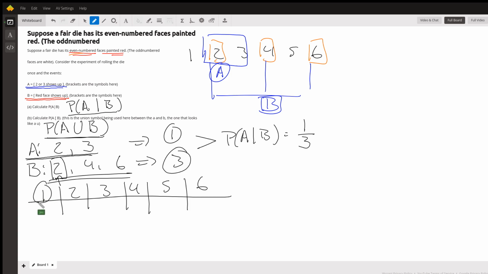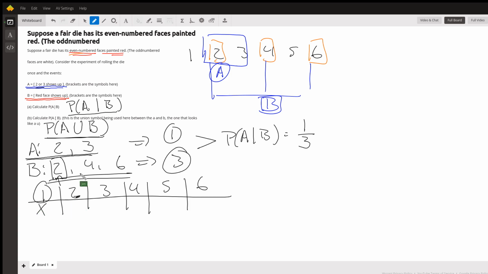And so if we roll a 1, well, that is not an event A. That is not a 2 or a 3, nor is it event B. That is not even. So this is a scratch. Nothing of interest is occurring here for number 1.